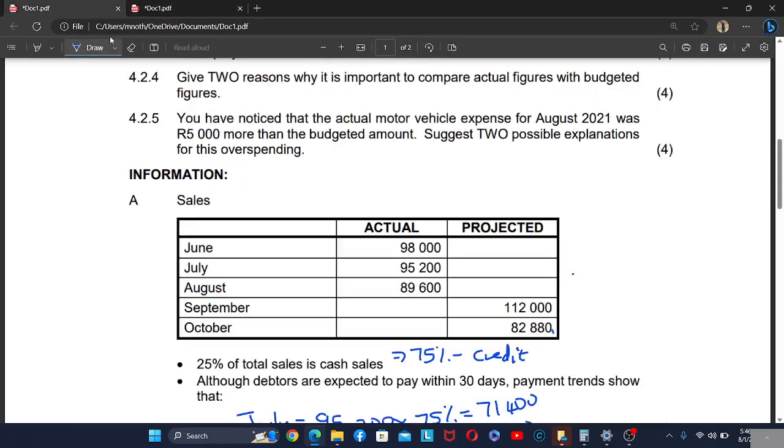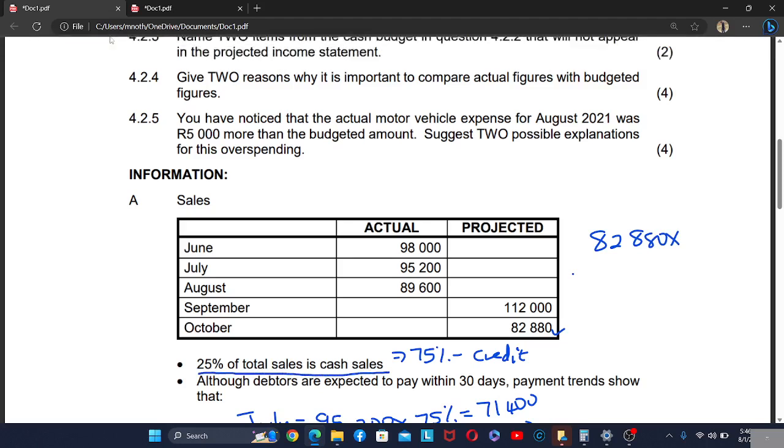For October we are given the sales, they are 82,880. So these are the sales, right? We know that 25% of total sales is the cash sales.